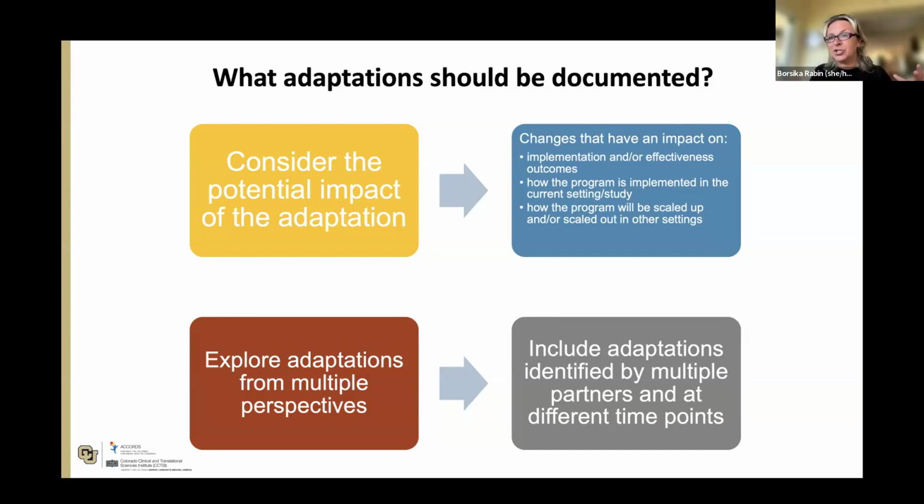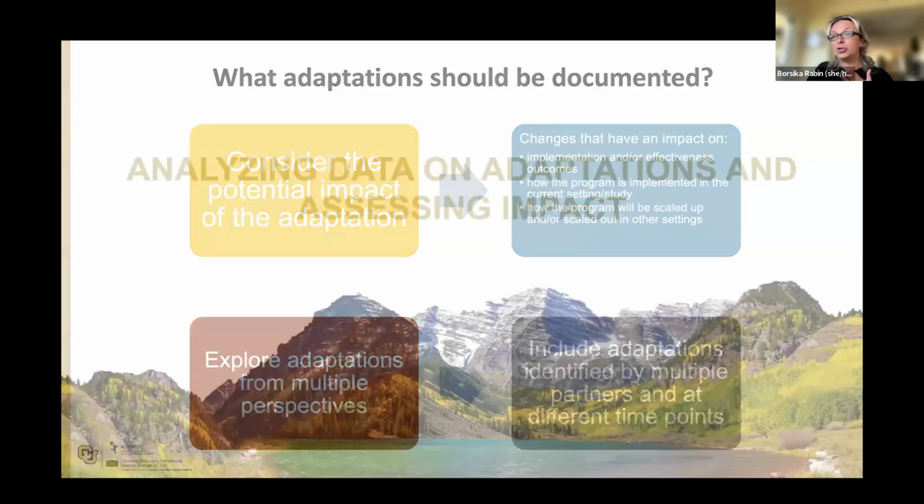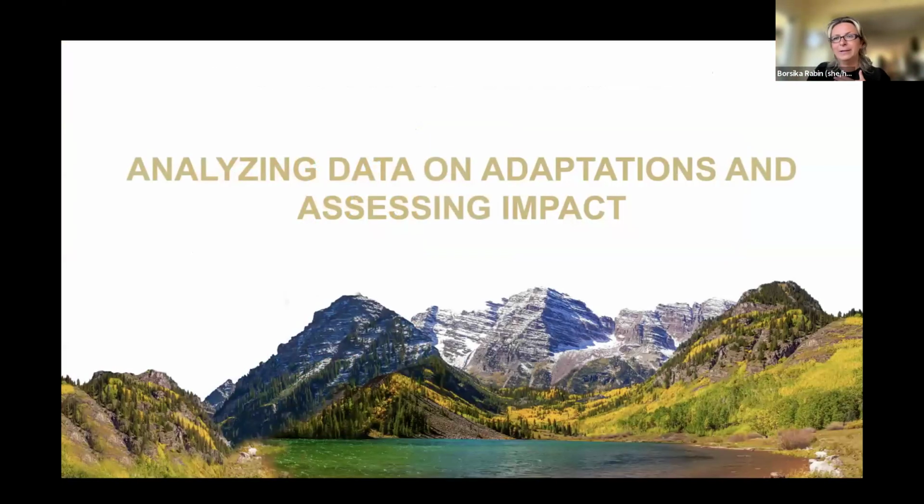But what if you made that change because you learned that a certain day doesn't work for them and you wanted to increase participation from the implementation partners? It becomes a little bit more interesting, isn't it? So I think it's just thinking it through. We usually err on the side of documenting more and throwing out things later, but there is not clear guidance on what should and should not be documented.